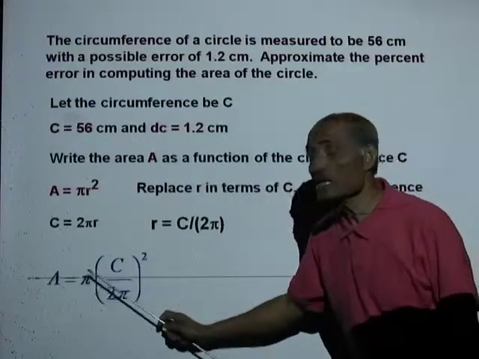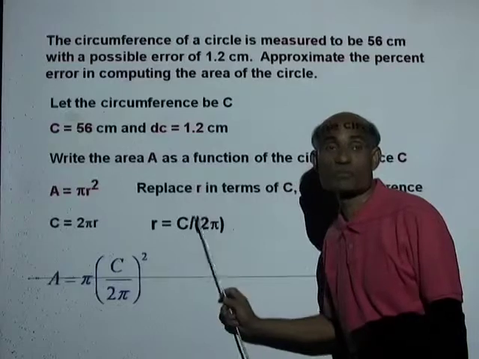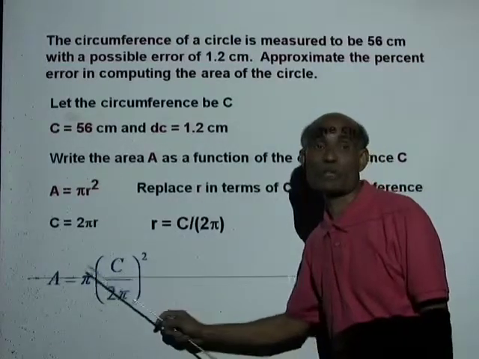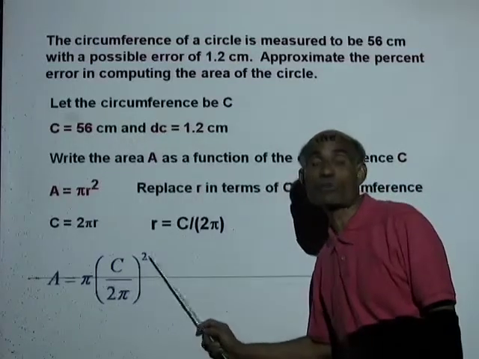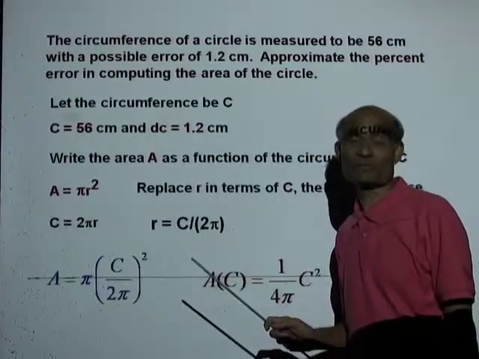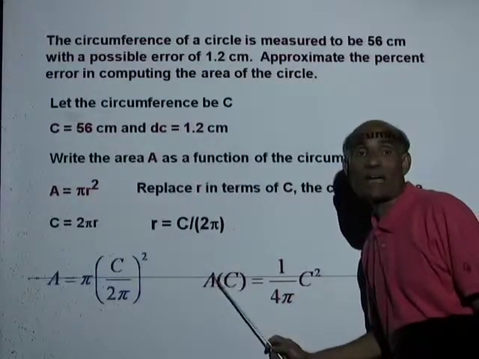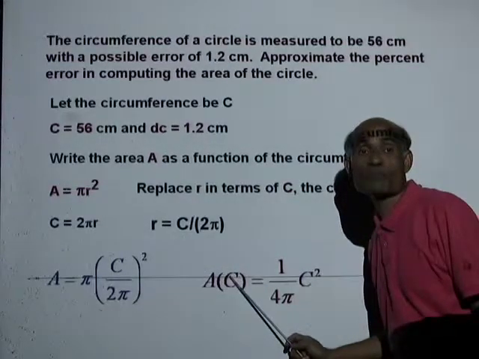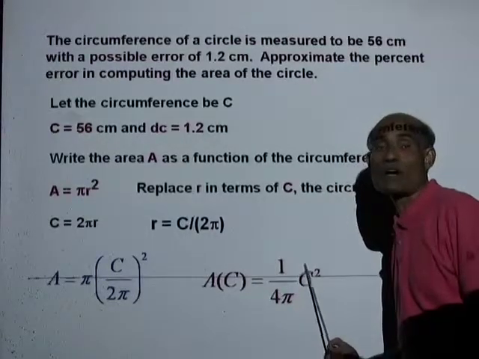So we get A equal to pi times r squared. r is C over 2 pi. So that will be A equal to pi times C over 2 pi, all squared. What's that equal to? We got A of C, area as a function of the circumference, is 1 over 4 pi times C squared.